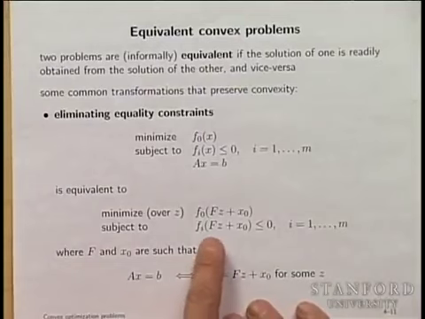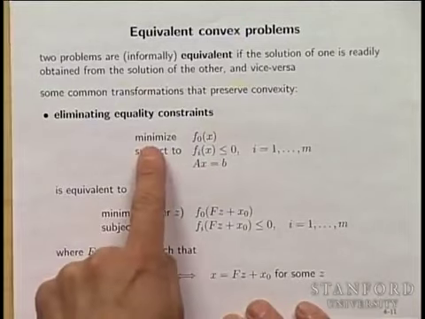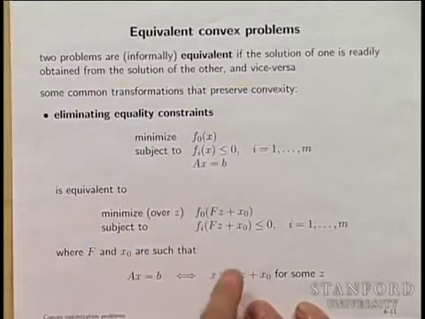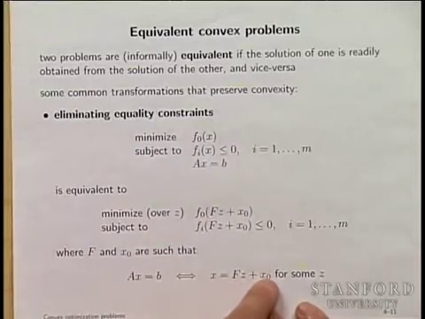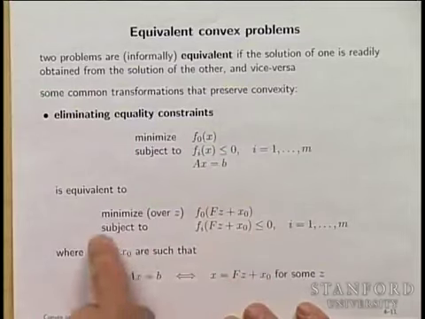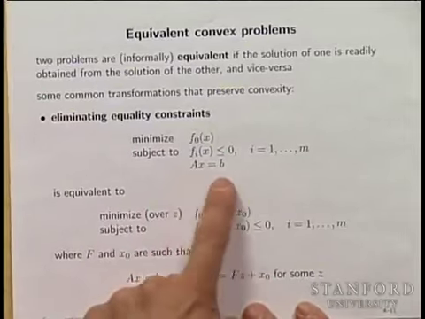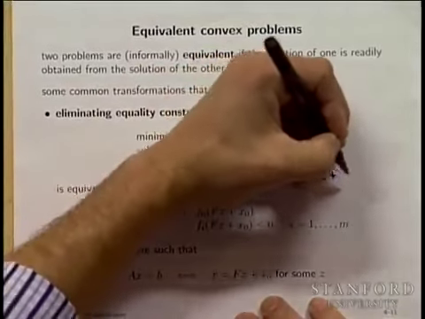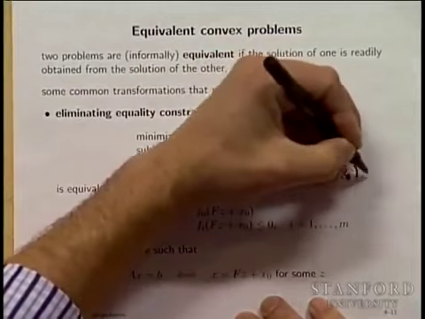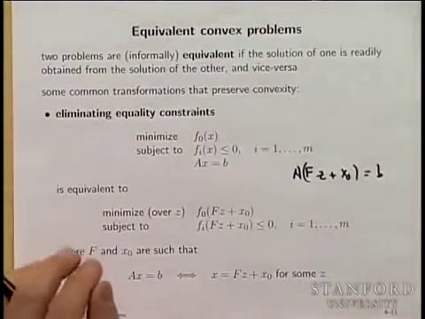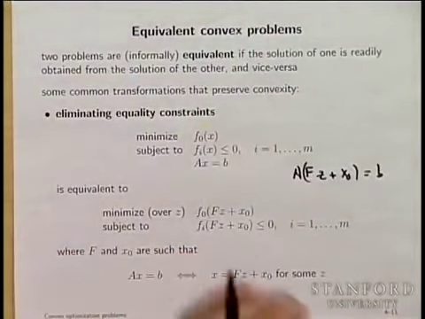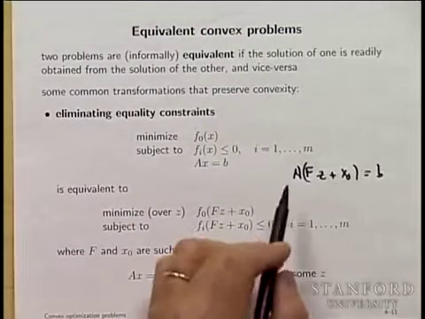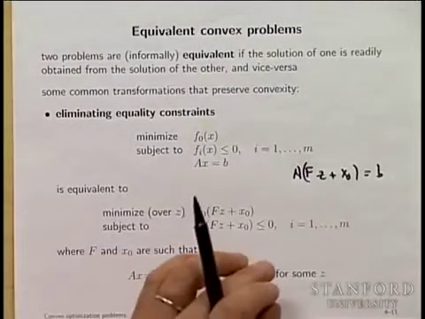So what I'll do now is I'll make a new problem, which is this. I'll just take x equals Fz plus x0, and I get this problem here. I don't need this constraint because A(Fz plus x0) is equal to b for all z automatically, because AF is 0. That's how you constructed F. And Ax0 is b. That's how you constructed x0.